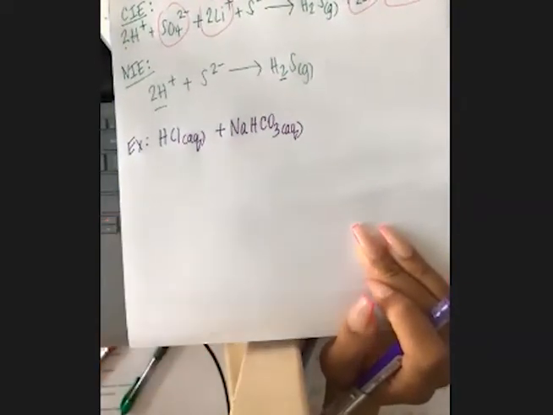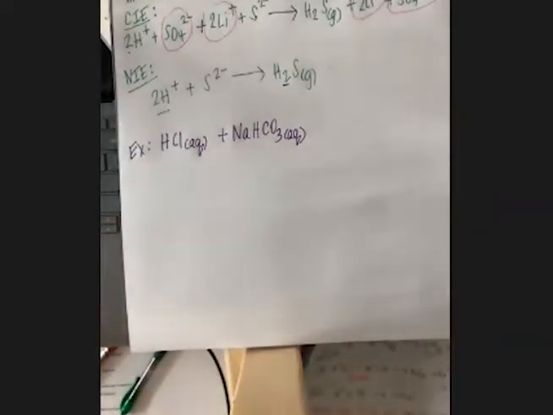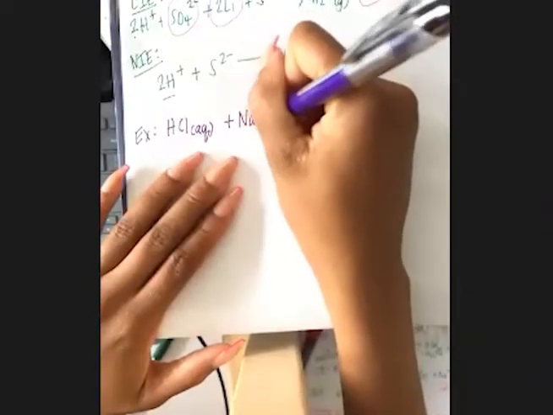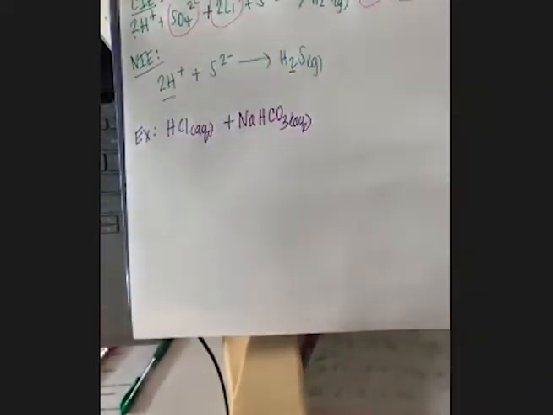A lot of times when these carbonates, sulfites, sulfates or hydroxides are mixed with acids, they're going to form gases. Sodium bicarbonate is a polyatomic ion, right? Yes, the bicarbonate part, HCO3, is the polyatomic ion.